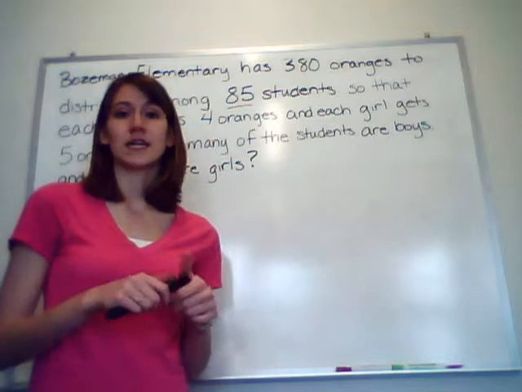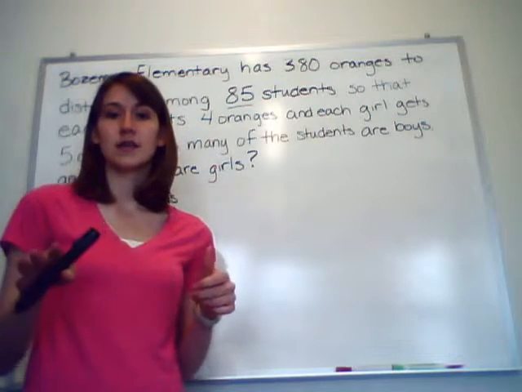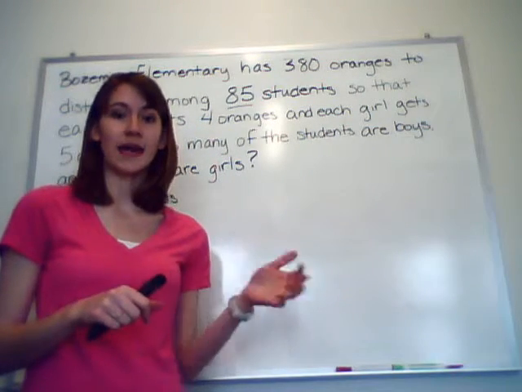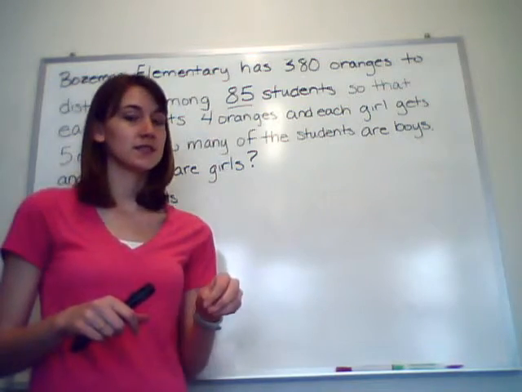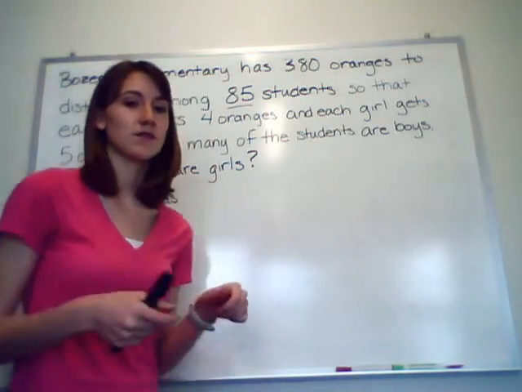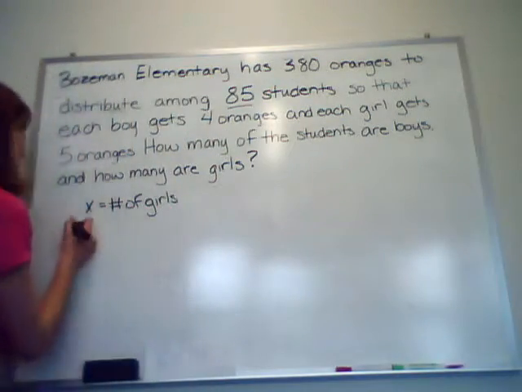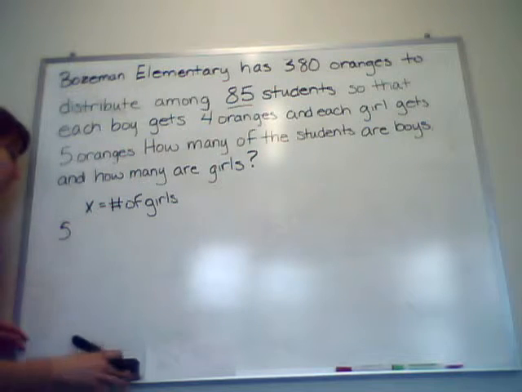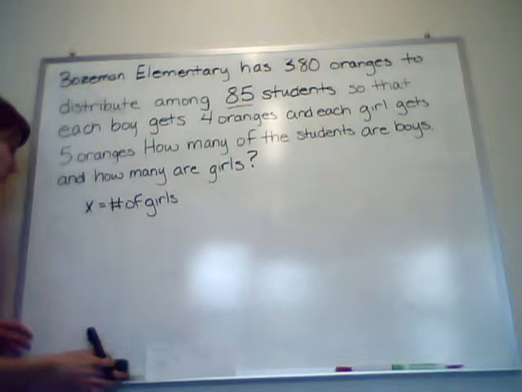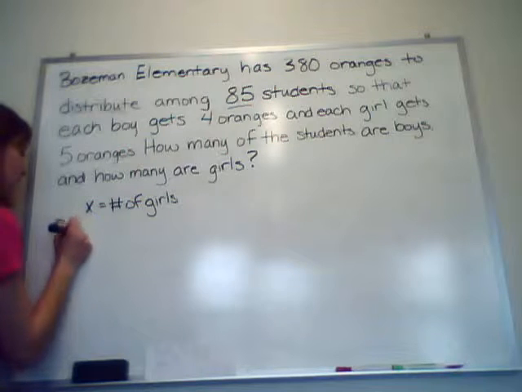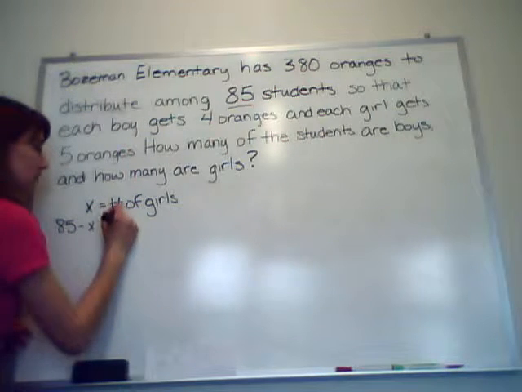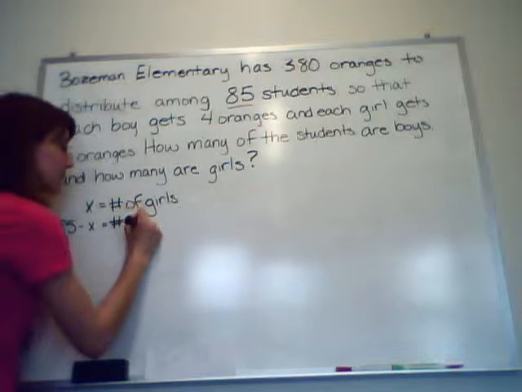So that is how we can set up our next thing to show the number of boys. It's going to be 85 minus X, because that's the number of girls, and that will give us the total number of boys. So let's make sure to write that down. And that way we'll remember exactly what everything stands for.